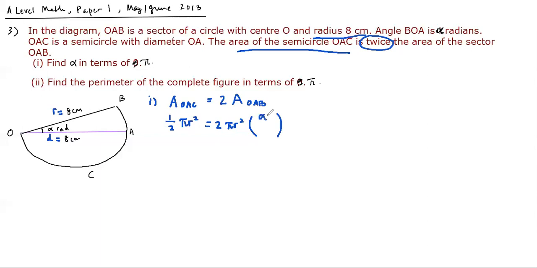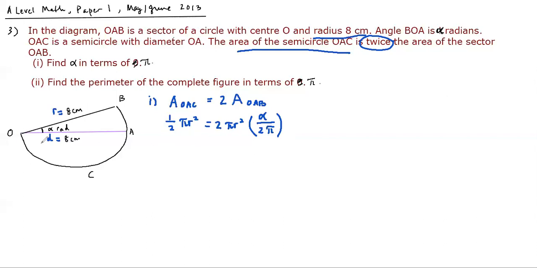You have a central angle of alpha. For a full circle, the central angle is 2 pi. So this gives you a ratio, pi r squared times alpha over 2 pi. That gives you the area of the sector of a circle.